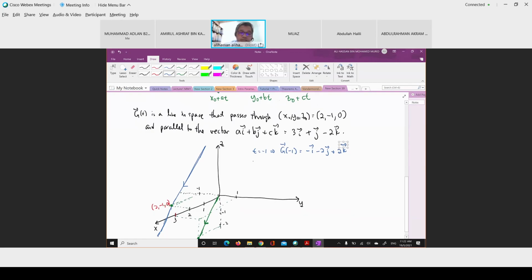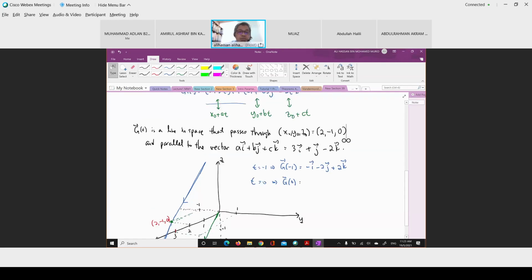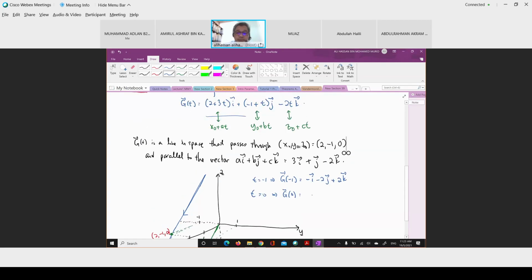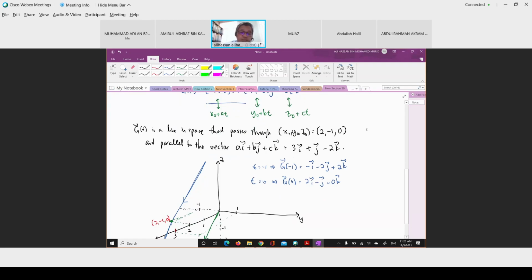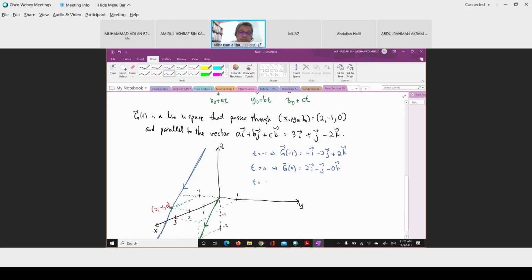And then when t is 0, it is 2i plus minus j minus 0k. This is in the increasing t direction, right?